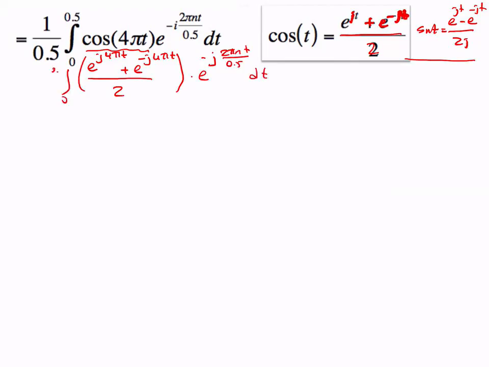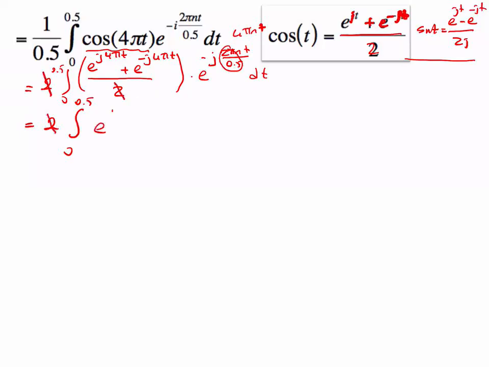From 0 to 0.5, 1 over 0.5 is 2, okay? So again, this will be 2 pi over 0.5. It's going to be like 4 pi n t. So I have this situation, 0 to 0.5, and this 2 will be cancelled by this, so I will get rid of that.